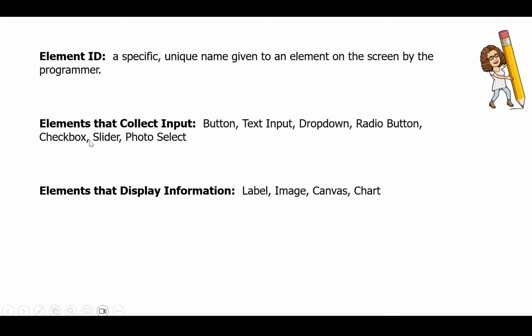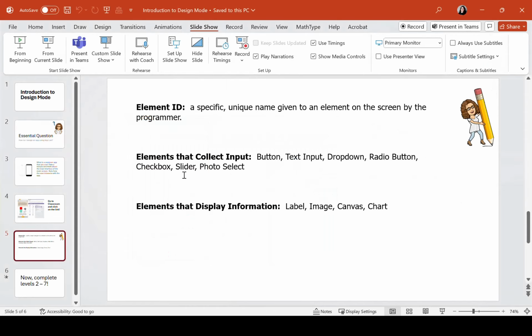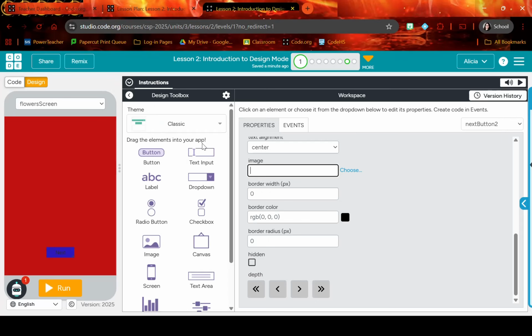Some elements can collect input. Input would be like button, text input, drop down, radio button, checkboxes, sliders, photo select. Those could all select input for us, or the user could interact with our app using those elements. Displaying or outputting: label, image, canvas, chart. Also in here would be, what is the other name?